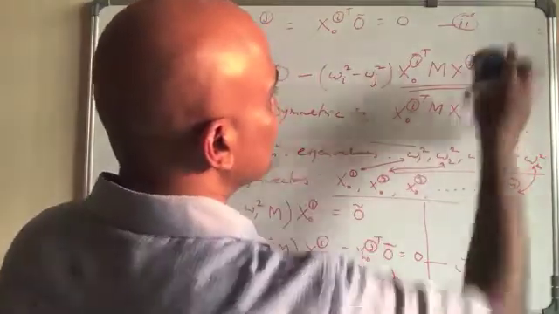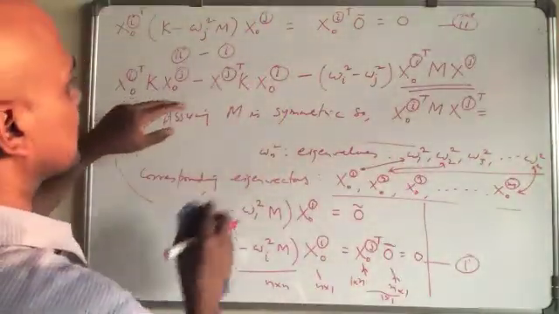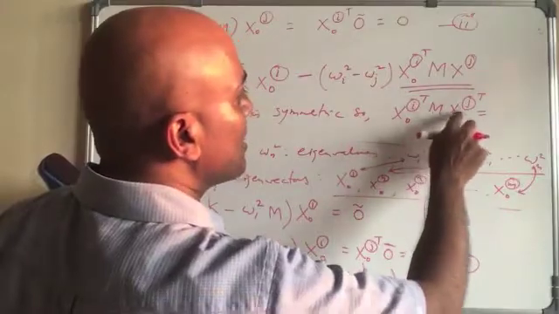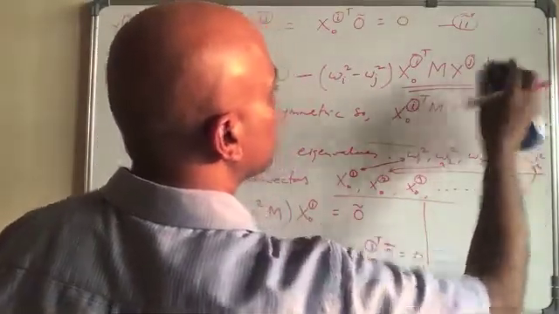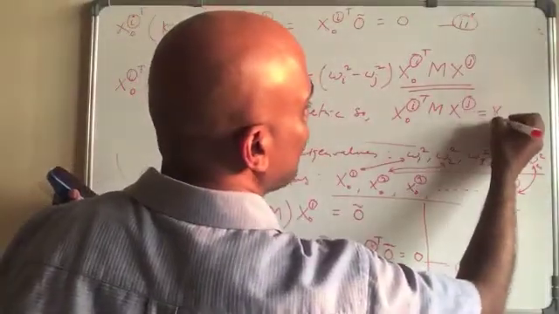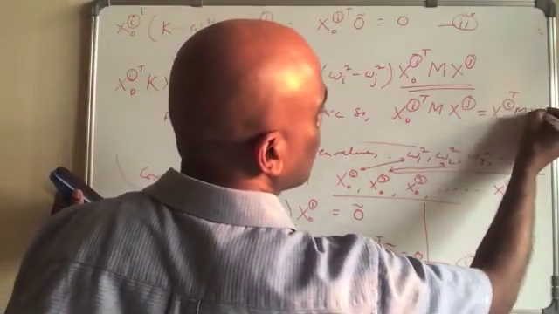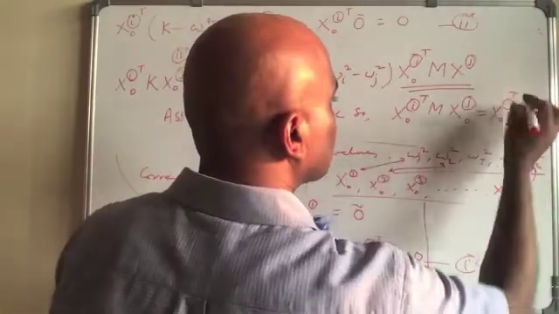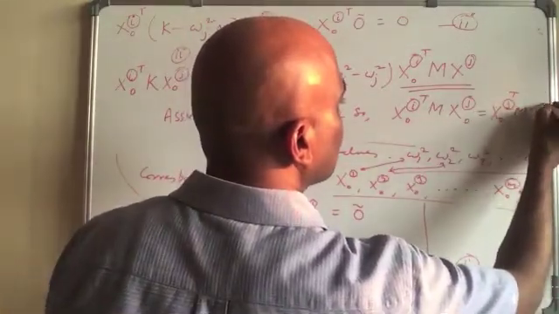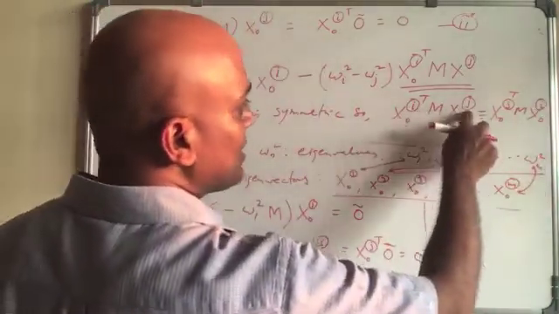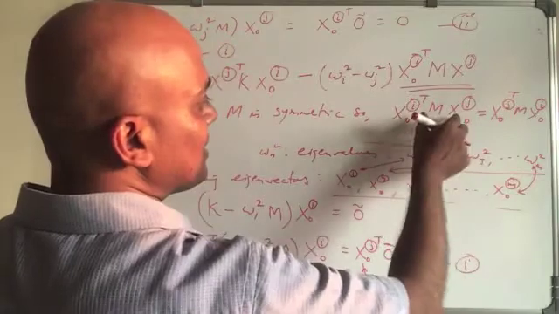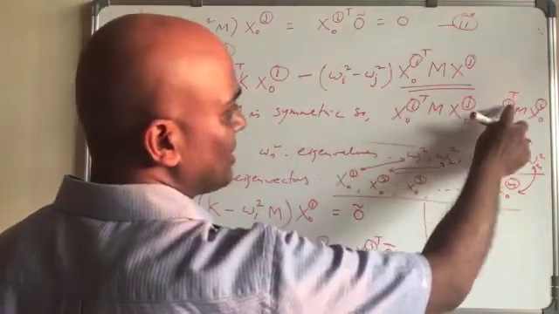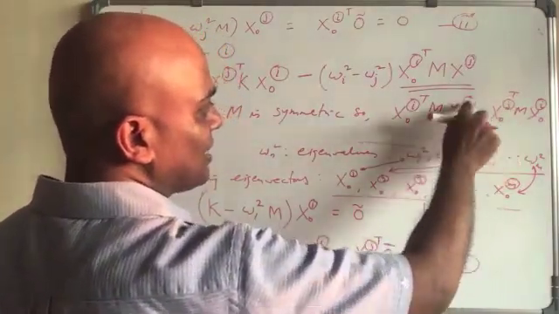So here the ith eigenvector is transposed, and here the jth eigenvector; in the other, it is jth transposed and ith.